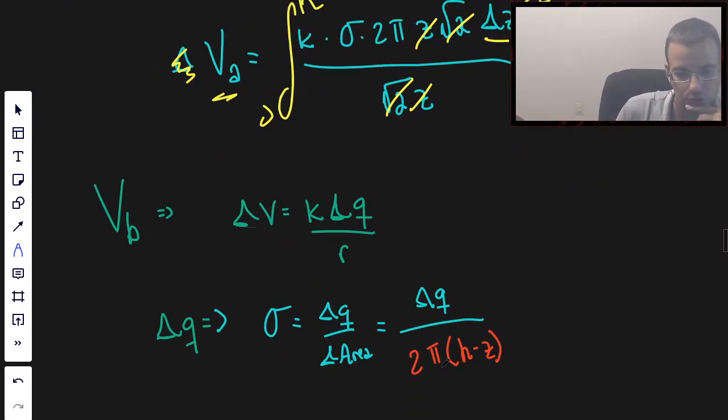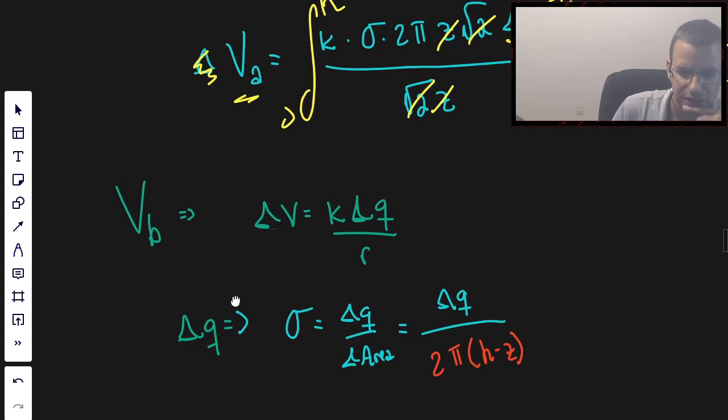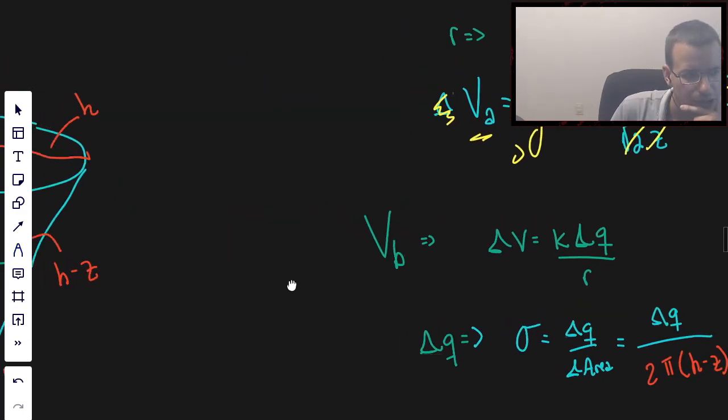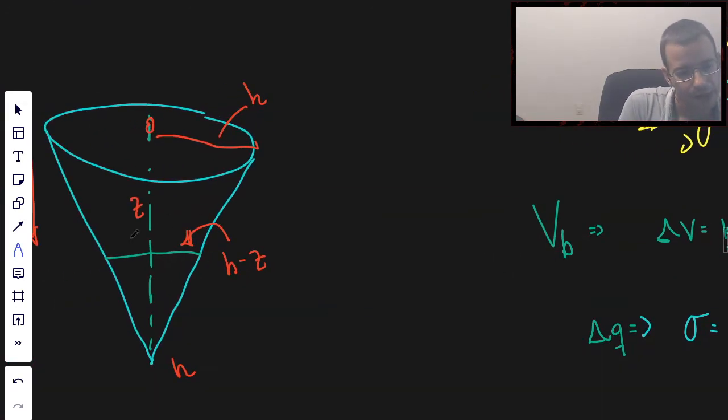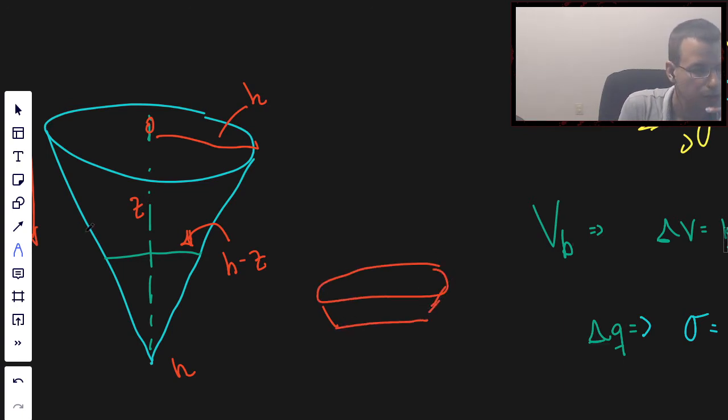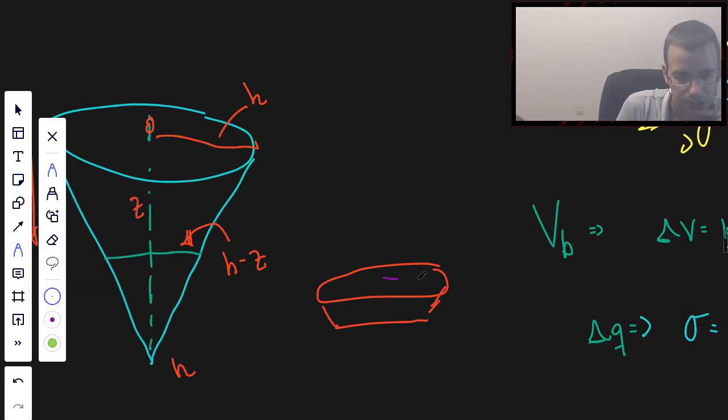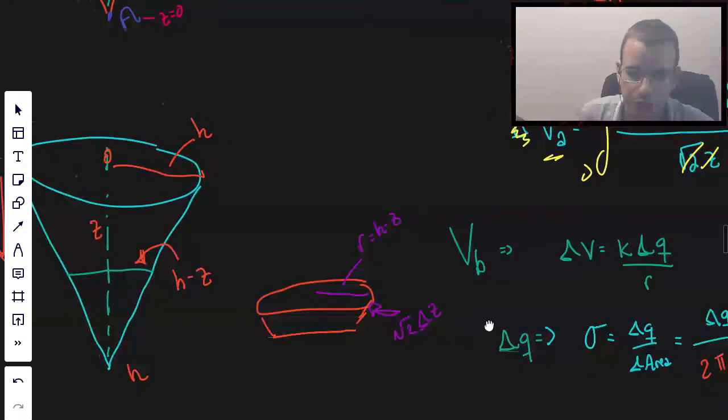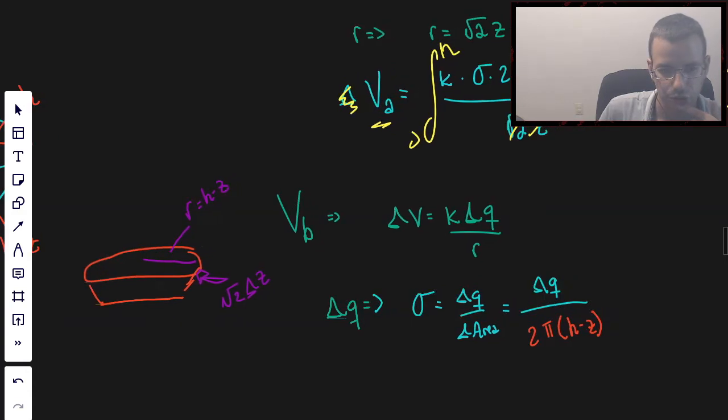Square root of 2, is that each area? Let me take a look at that quick. So let's see here. It's going to look like this. I want the area of this sort of thing. Yes. So that radius, r, is h minus z. And that length is going to be square root of 2 delta z. Yep, so it's going to be 2 pi r, which is 2 pi (h minus z) times square root of 2 delta z.